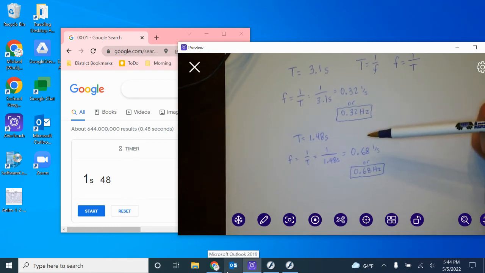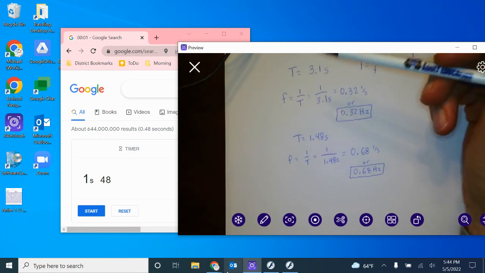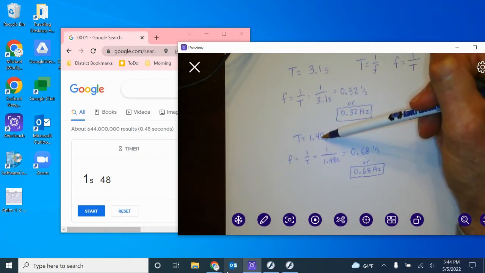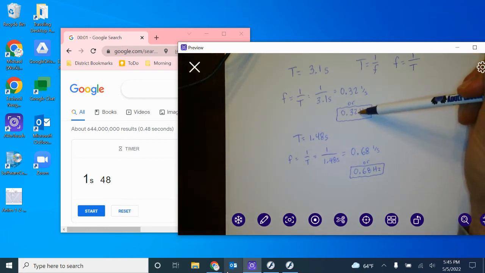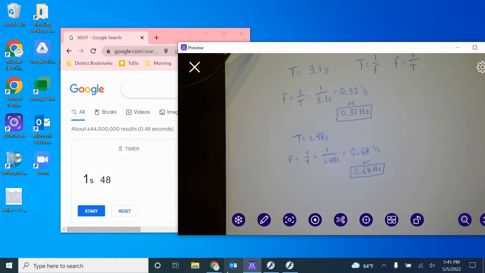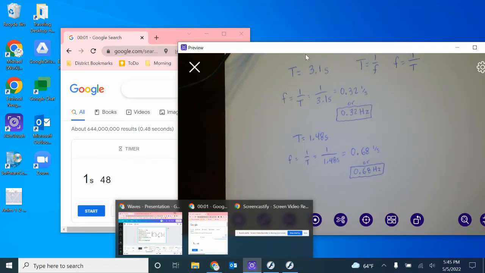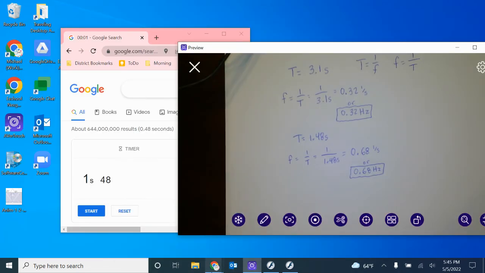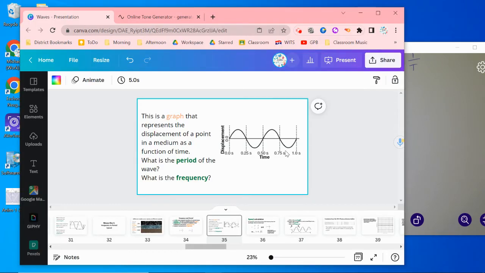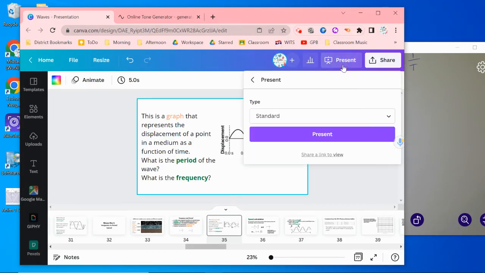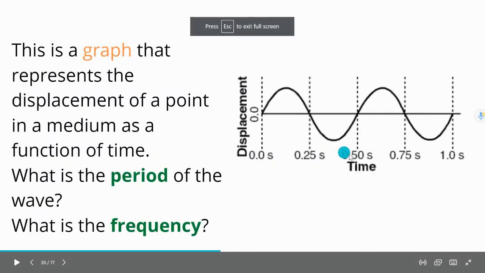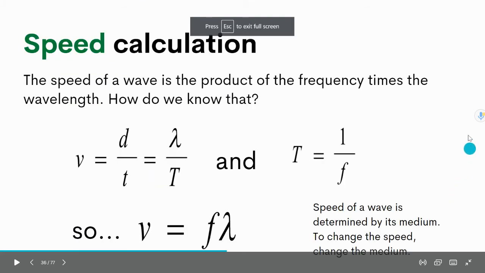Now let's take a brief look at what's happening here. As the period gets smaller, because we're dealing with reciprocals, the frequency is going to increase, and vice versa. So very interesting. Let's go back to our slide deck and take a peek at what we have next.